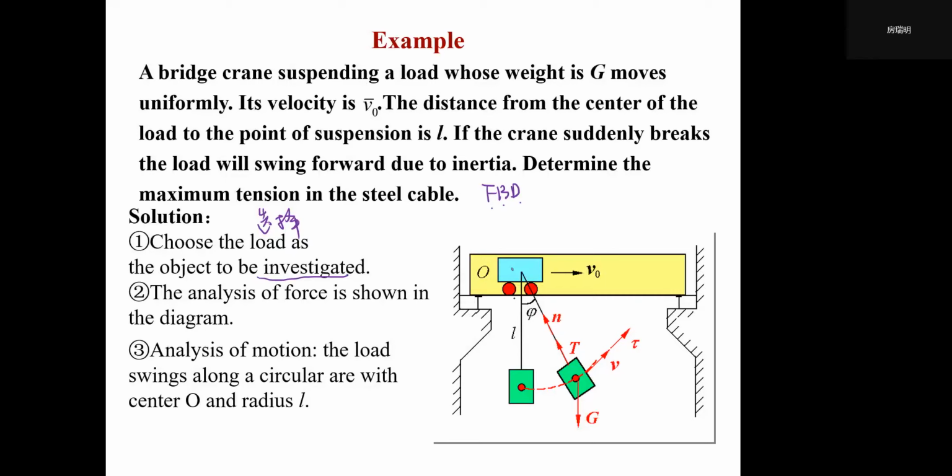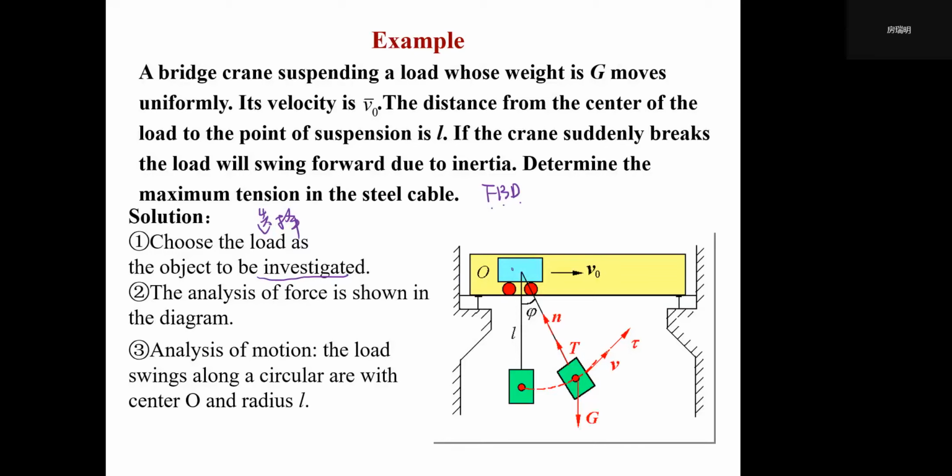So let's say we swing from the vertical position to this position with this intersect angle phi, right? So its force will just be this gravitational force G and this tension force because of the steel cable. And our task is to determine the maximum tension in the steel cable.